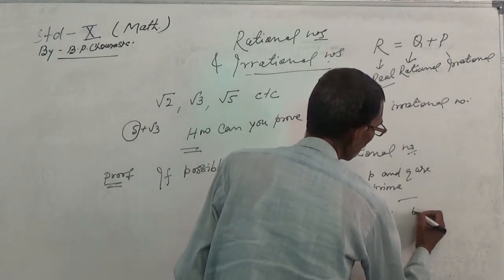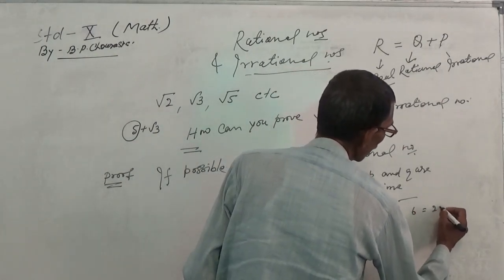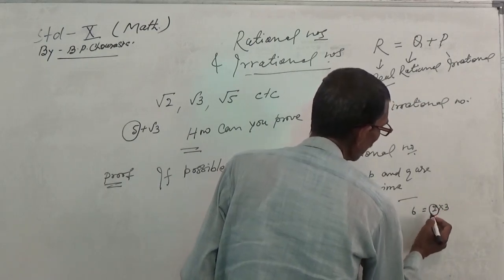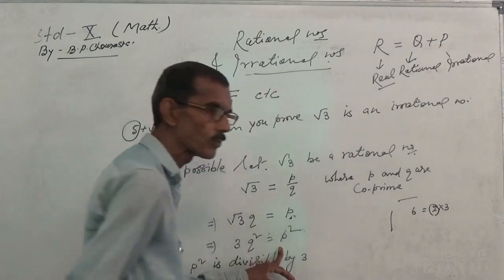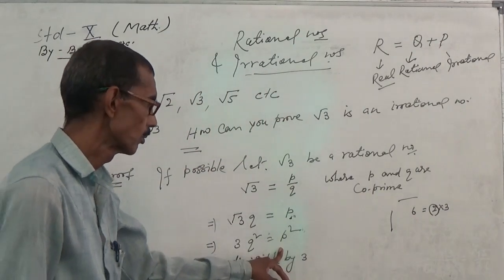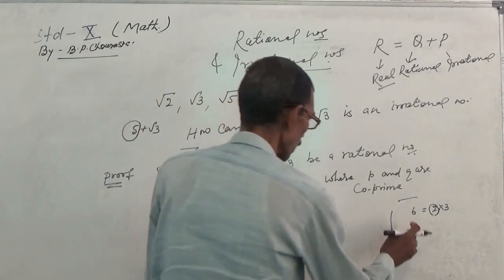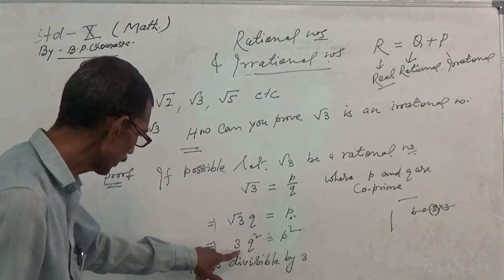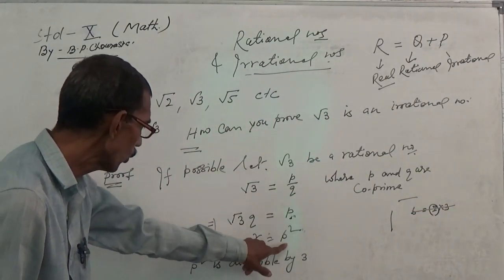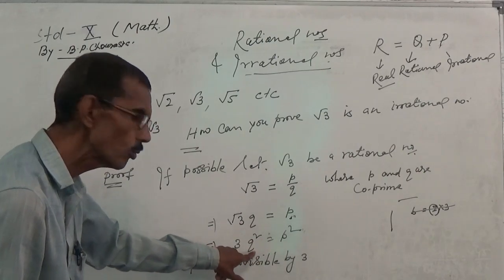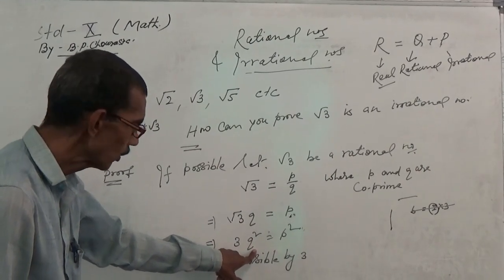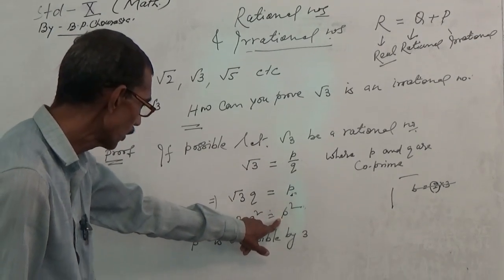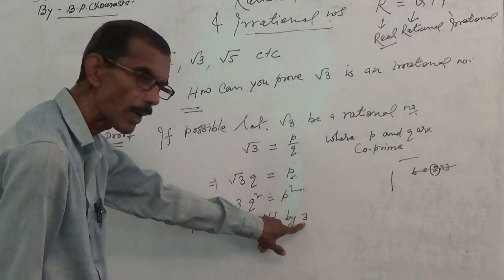Suppose you write 6 is equal to 2 into 3; clearly 6 is divisible by 2. Here p square is equal to 3 into q square, so 3 is a factor of p square. So p square is divisible by 3.